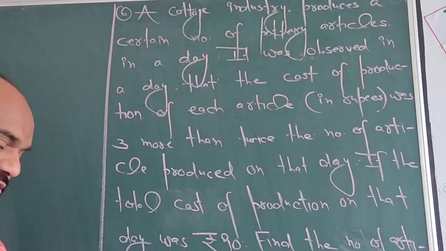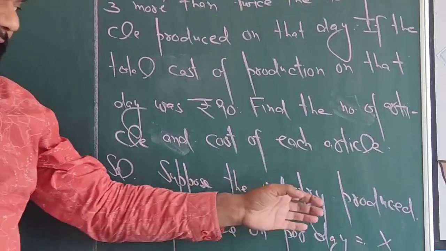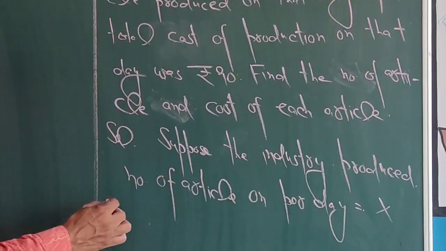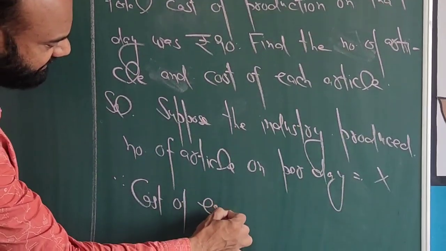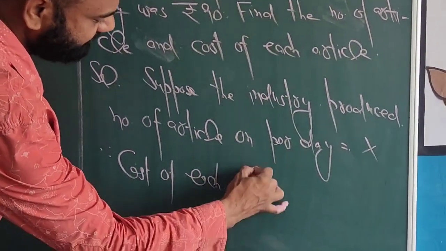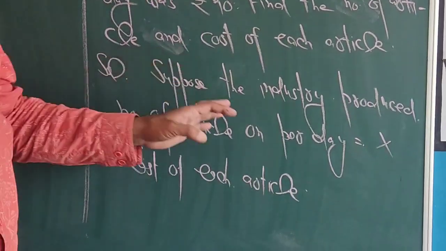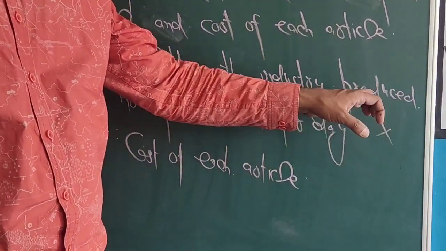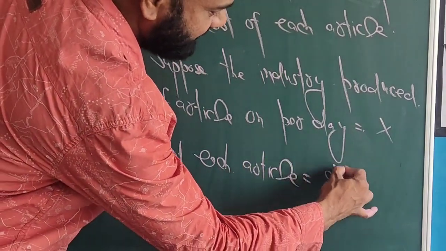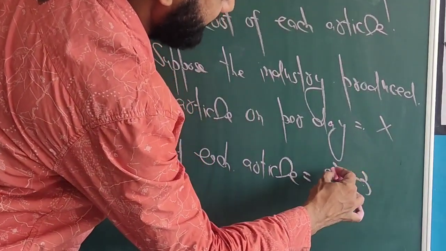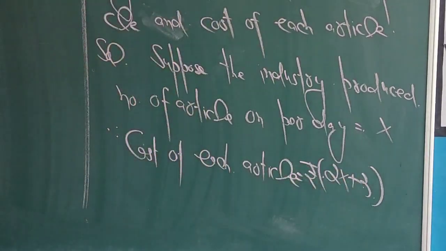So when we assume the cottage industry produces x articles per day, the cost of each article is 3 more than twice the number of articles produced per day. So the cost of each article is 2x plus 3 rupees.